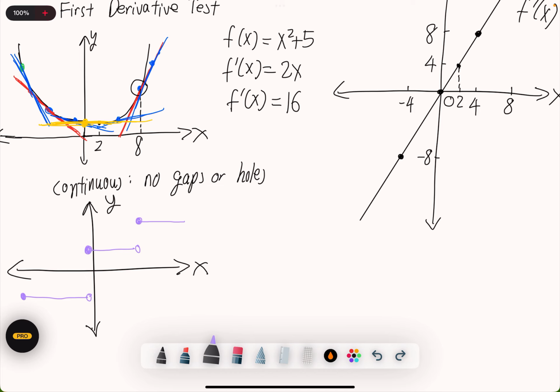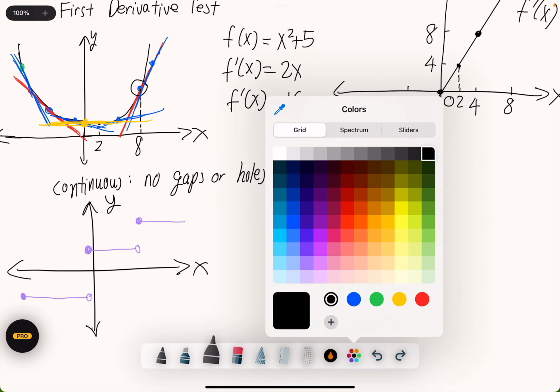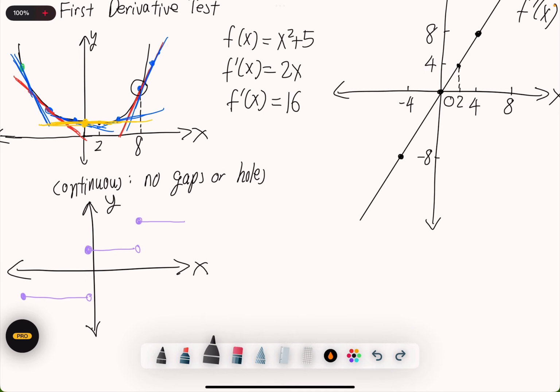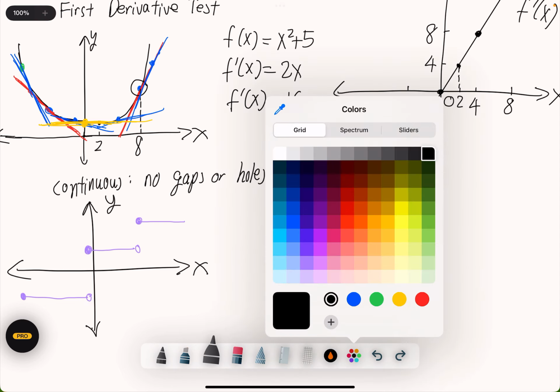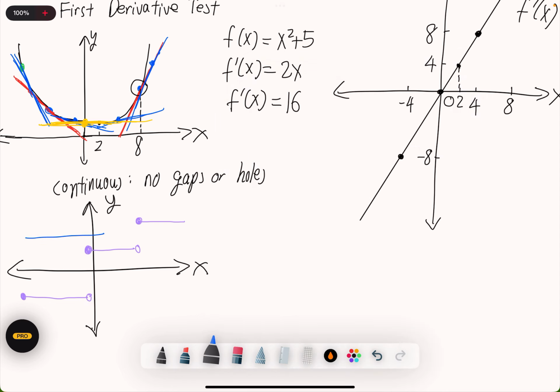Lift your pen up, and so on. So being continuous is the opposite. It means there's no gaps or holes. So the function wouldn't be like that, there wouldn't be a sudden hole in the middle.